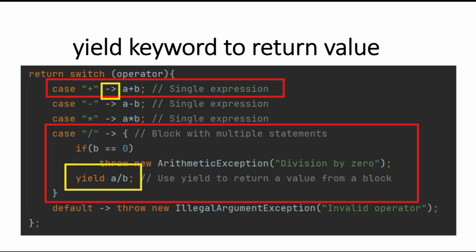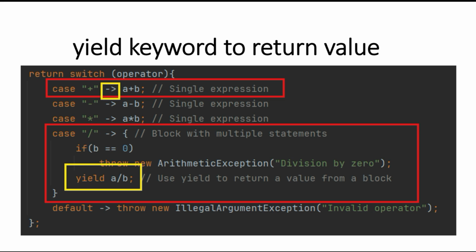If the right side of arrow syntax has only a single statement, then it is called expression. If the right side has multiple statements, then those statements are enclosed in curly braces, and that is called block.